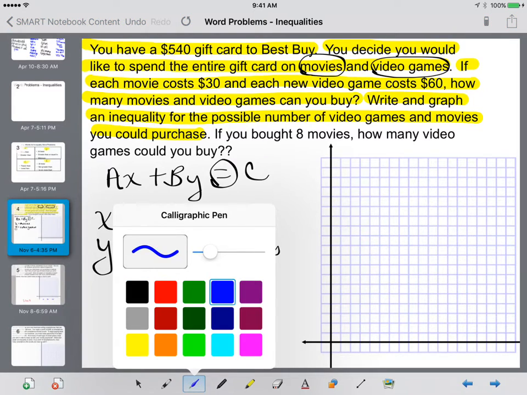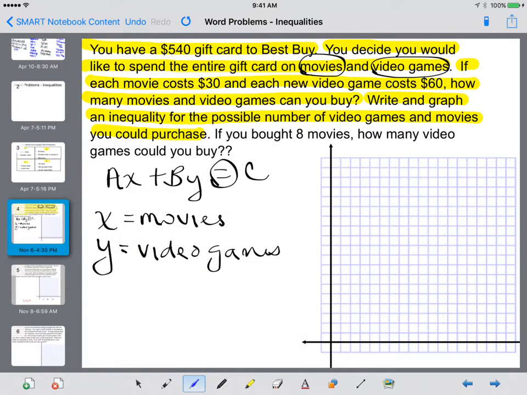So to come up with our inequality, it costs $30 for each movie. So that means we can buy 30 times x. If we buy 3 movies, then that's going to cost us 30 times 3. We don't know how many we're going to be able to buy with our gift card. We're also going to buy some video games.